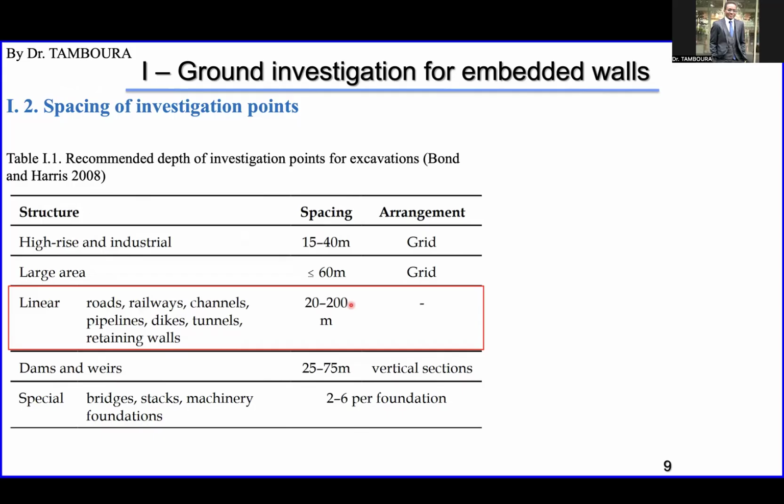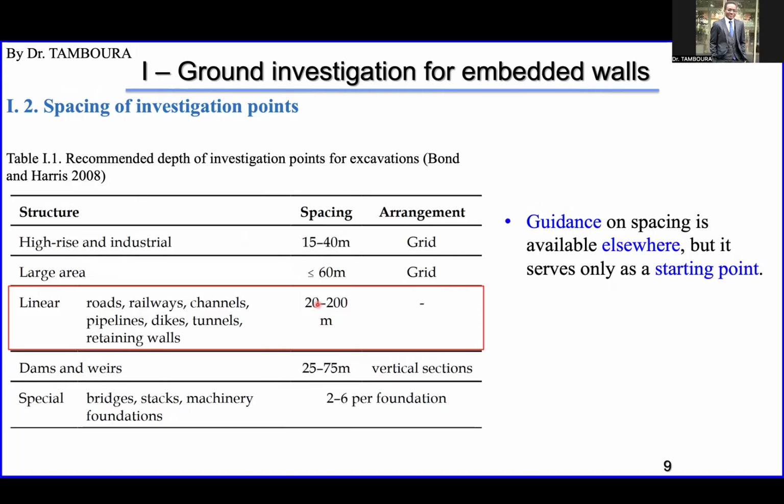So it will still depend on the site. If you see that the soil is not changing too much, the variation is not that much, you can go for larger steps, 200. But if the site is changing too much when you move from one point to another, then you might consider small steps.